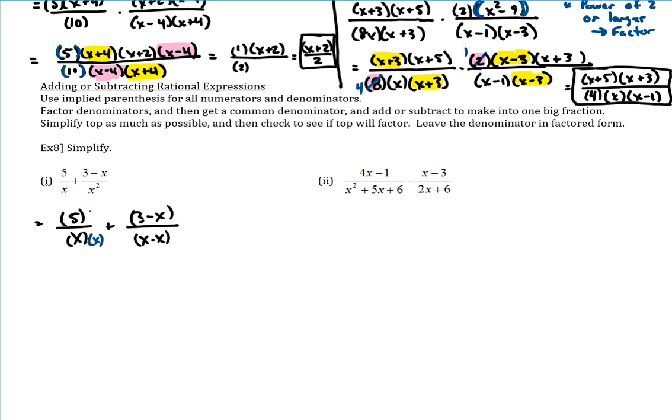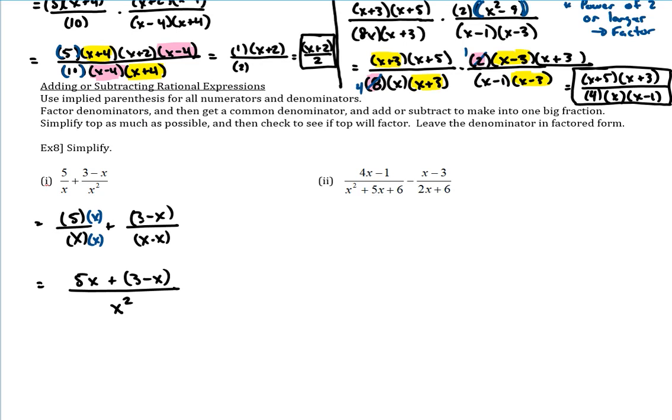And whatever you do to the bottom of a fraction, make sure you do to the top. And so now we've got 5x plus 3 minus x over x times x. Let's say that's now x squared. So now I can combine it into a single denominator, and then it's just going to simplify.